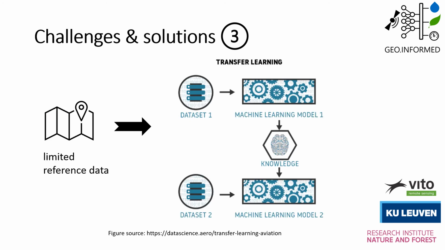The third challenge is the limited amount of reference data that is typically associated with many environmental topics. Collecting ground truth is a time and resource intensive activity, and natural areas may not always be accessible from the ground. We can implement transfer learning, where a base model is trained on a general or global dataset and is then refined to the actual use case afterwards.